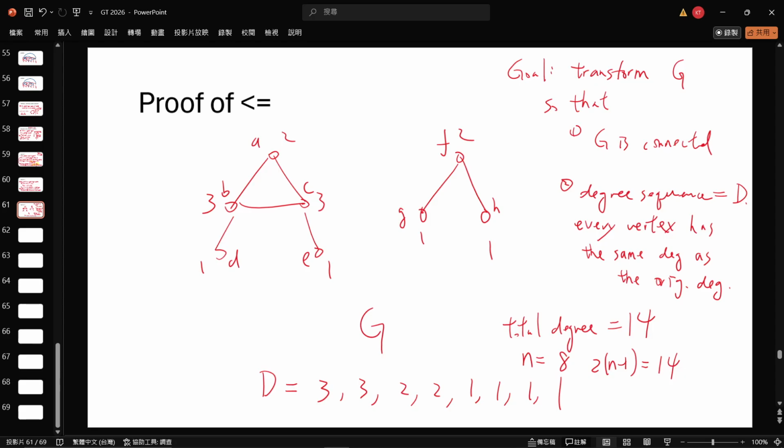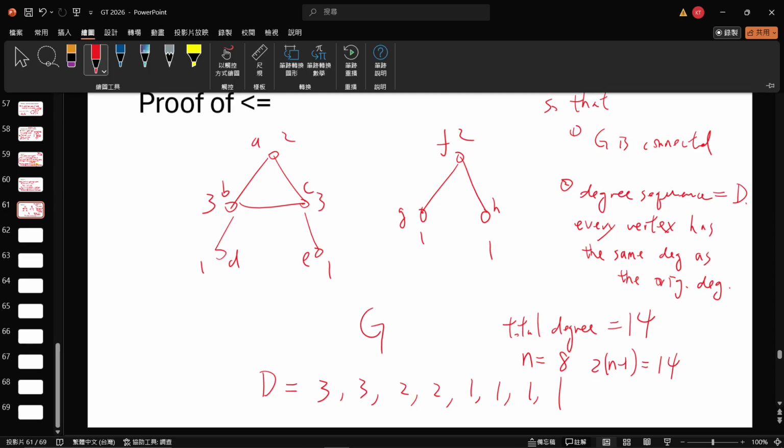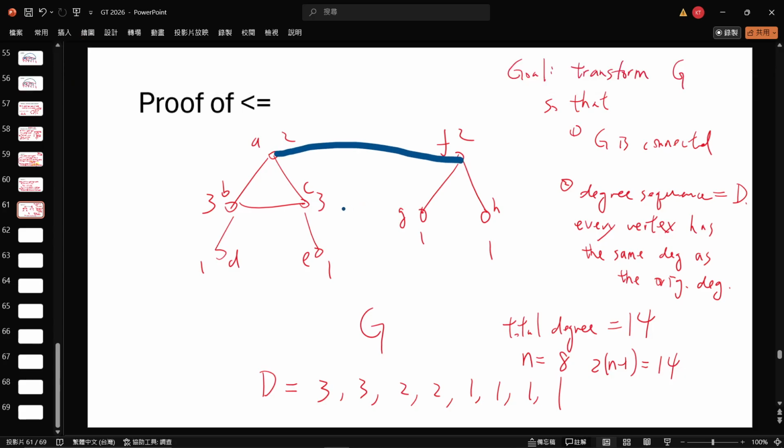A, F, and C, G. A, F, C, G. A, C, and F, G. And so after creating these two edges and removing these two edges, we get a connected graph without changing the degree sequence.